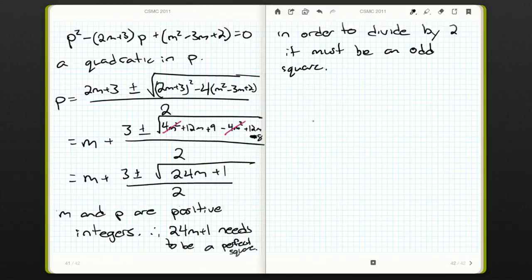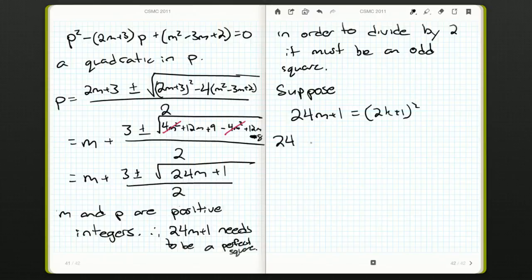So let's suppose that 24m plus 1 is equal to 2k plus 1 squared. This is what a general odd number looks like.